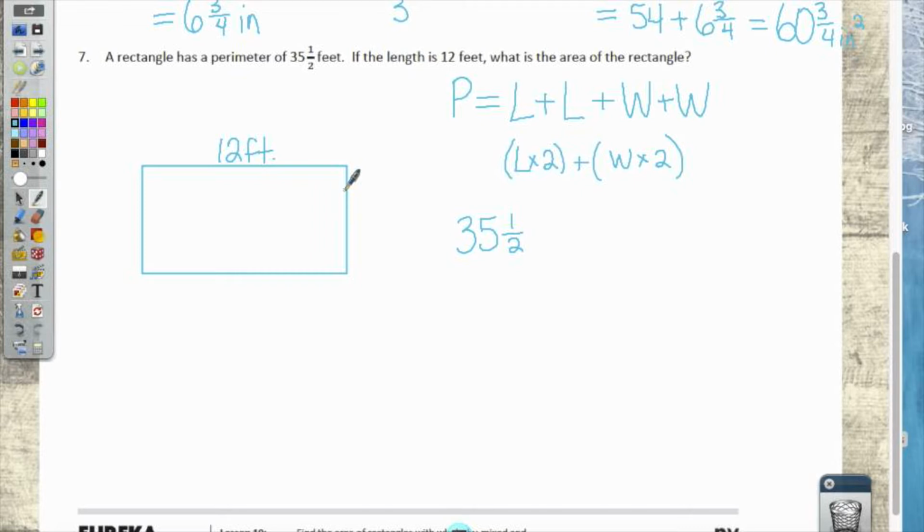Just a minute. Do we have any idea the length of any of these other sides? Jesus, do you know any of these other sides? The bottom. What's the bottom? 12 feet. You know that because these two are exactly the same.